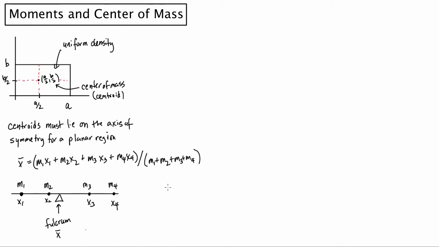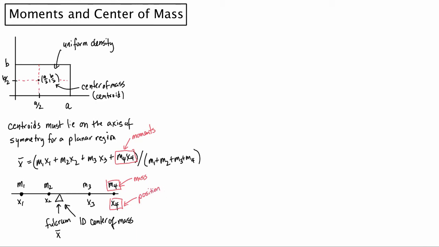So this is an example of a one-dimensional center of mass. The calculation of that involves what are called the moments. These individual pieces are called the moments. They measure the torque about the origin for the system. The m's themselves are the masses, and the x's are the positions of the masses.